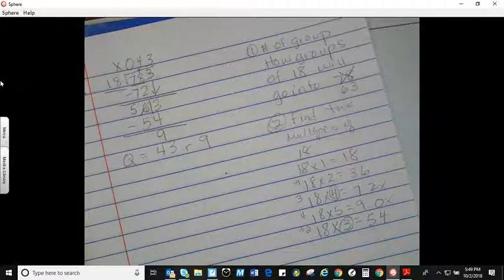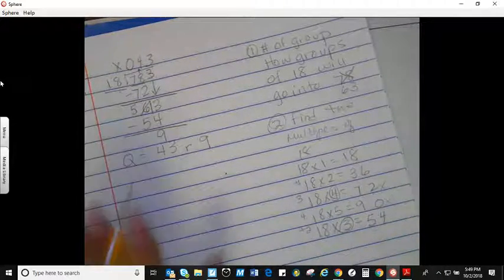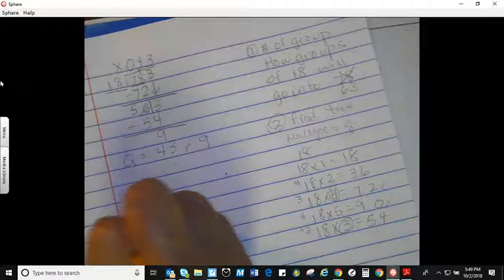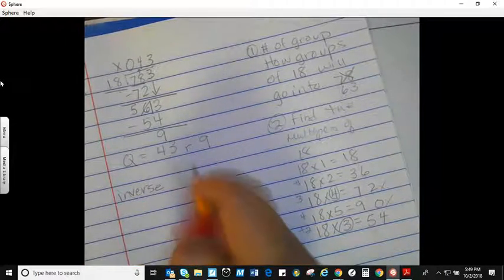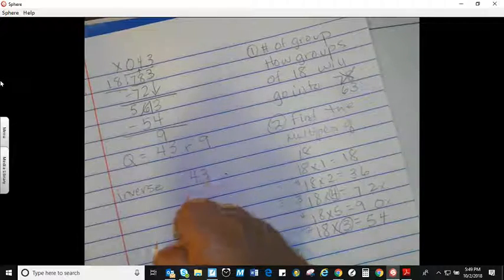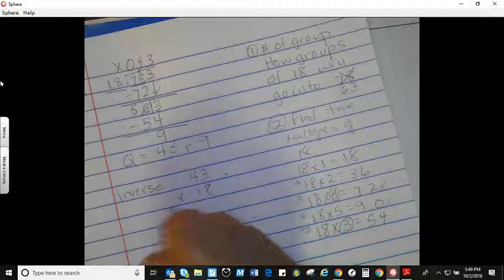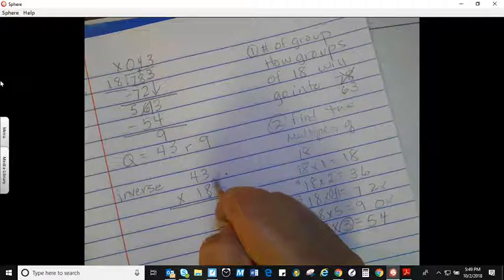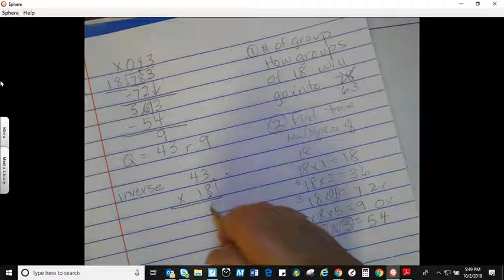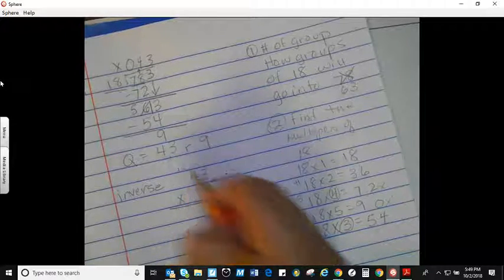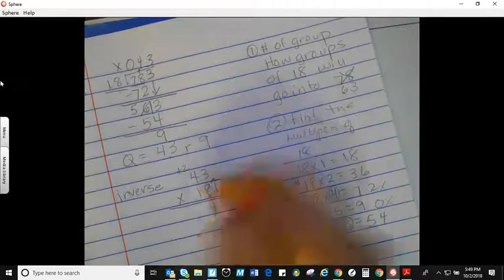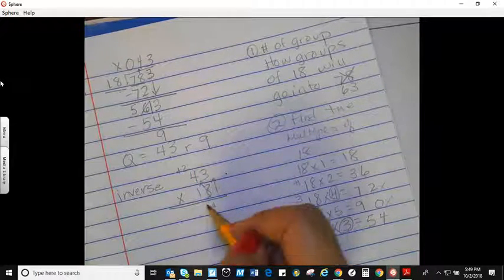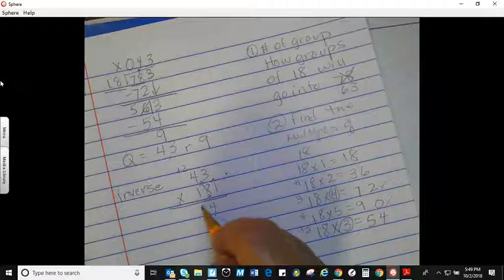We were talking about an inverse. Just do it on a couple of problems to show the inverse. Using the inverse, I'm going to take my quotient, 43. I'm going to multiply that by 18. Starting in my ones place, moving straight up. 8 times 3 is 24. Regroup my 2. 8 times 4, so I'm moving it this way, is 32 plus 2 is 36.